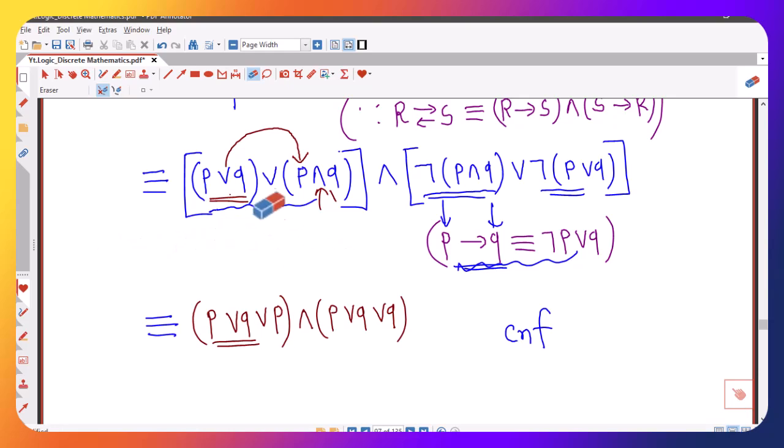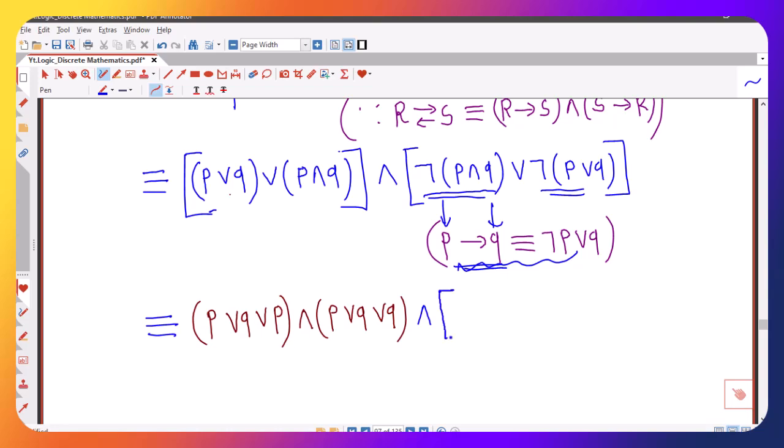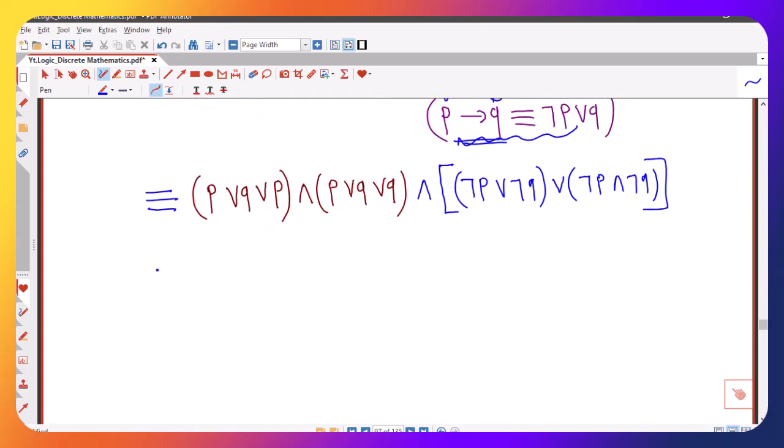If you are not comfortable, you can assume that P or Q equals Y, and then you can write in this way. Now for the second portion, here AND as it is, now I am using De Morgan's law here. Negation of (P and Q) will become negation P or negation Q, or as it is, and negation of (P or Q) will become negation P and negation Q. Now this is equivalent to, we can keep this as it is.